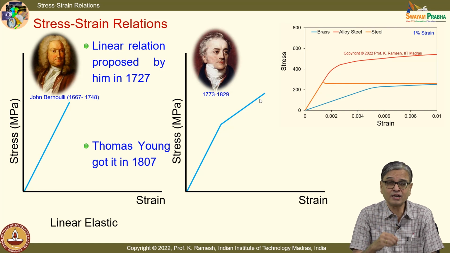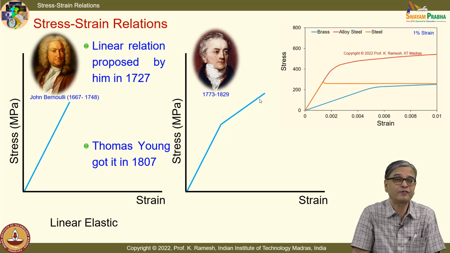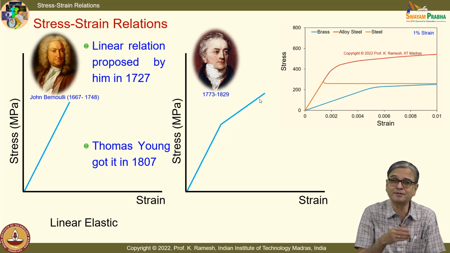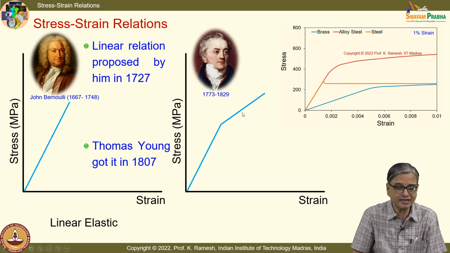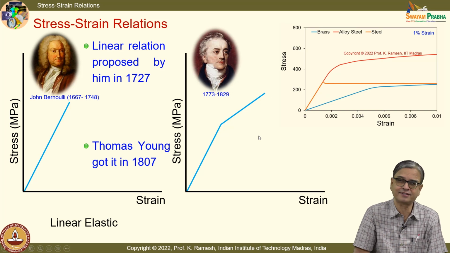Even when people do finite element analysis, where the computer faithfully reproduces whatever input you give, only if the modeling is right will you get good results, otherwise it is garbage. Even there, if they have to model some material behavior, they would do linear elastic and change the slope to model some aspect of plasticity, not all aspects of it.